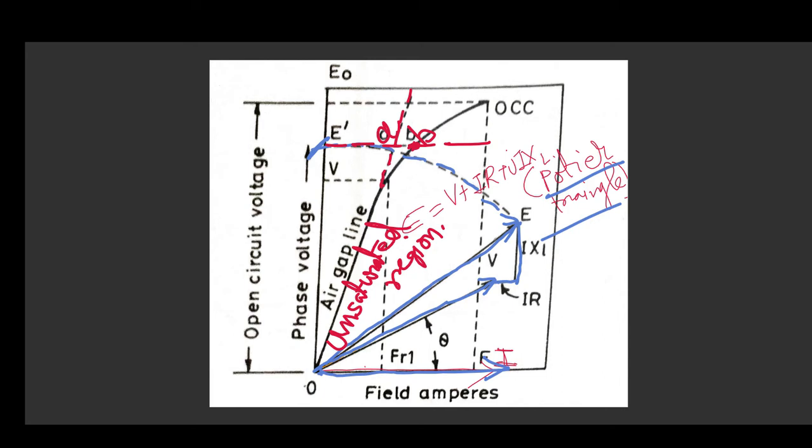Are they not telling us the amount of additional excitation required over our unsaturated region of the magnetic circuit? If we try to reach that, then this much is required.